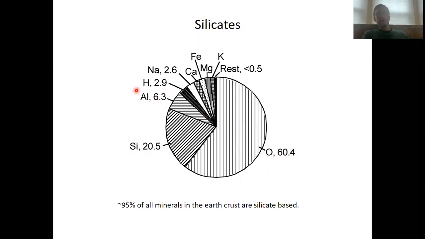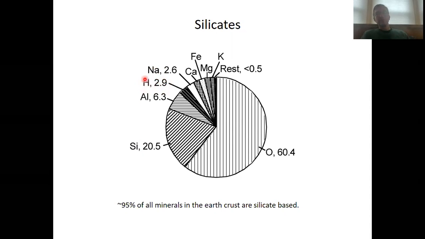So the third most abundant element is aluminum. Aluminum and silicon have similar chemical properties, and many silicates are actually alumosilicates. So that boosts the silicate content in the Earth's crust further. The next most abundant element is then hydrogen with 2.9 weight%.